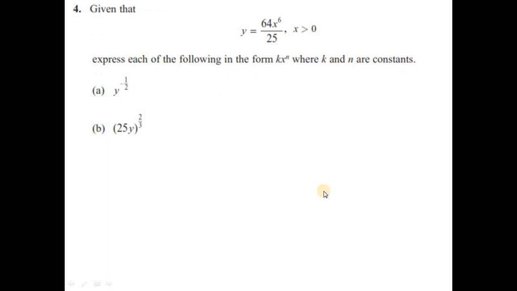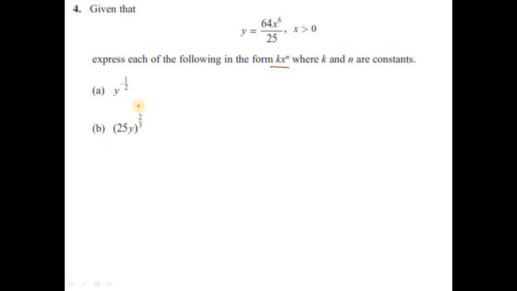Question number 4. Given that y is equal to 64x to the power 6 over 25 and x is positive, express each of the following in the form of kx^n, where k and n are some constants. So y to the power minus half.